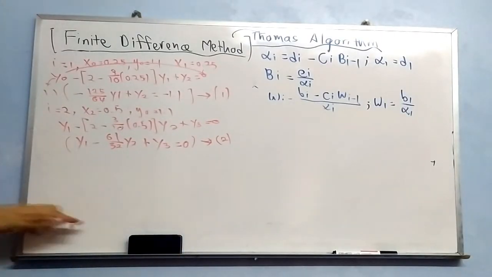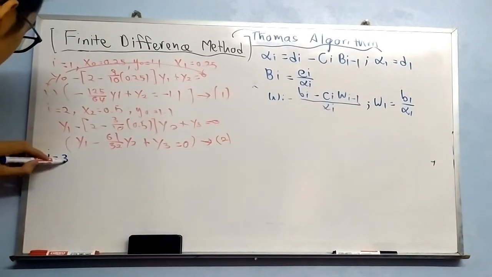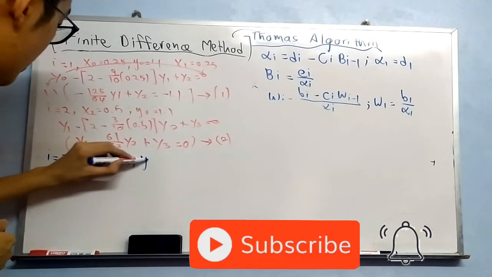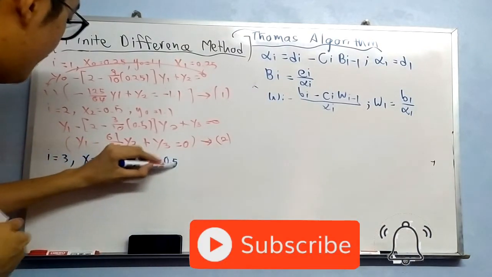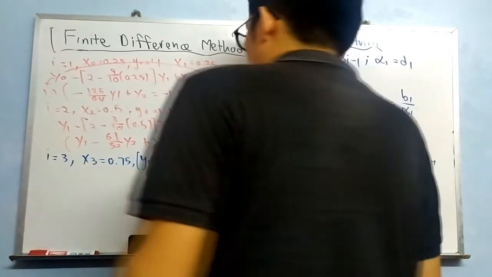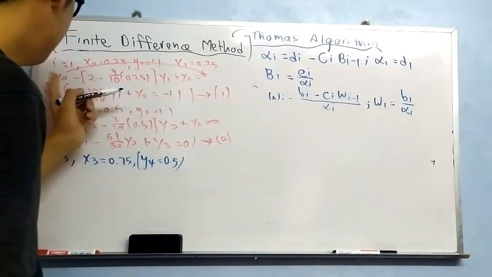So now last but not least, i equals 3. x3 equals 0.75. y4 equals 0.5. Why do we need this y4? The same concept applies as for y0.